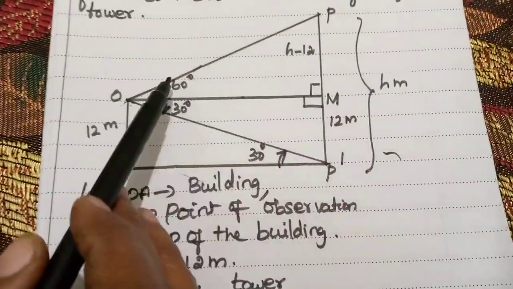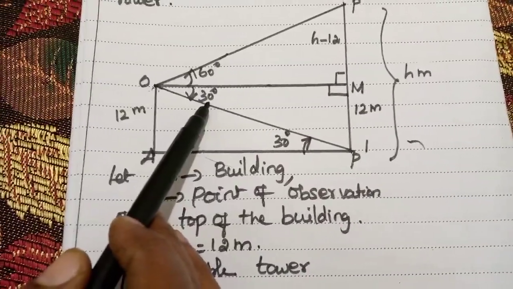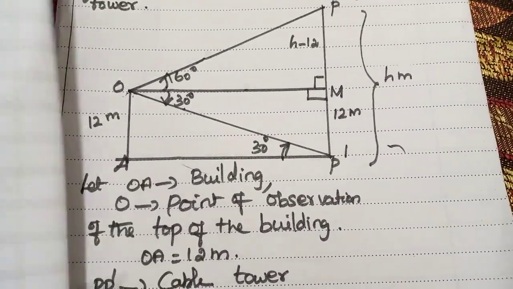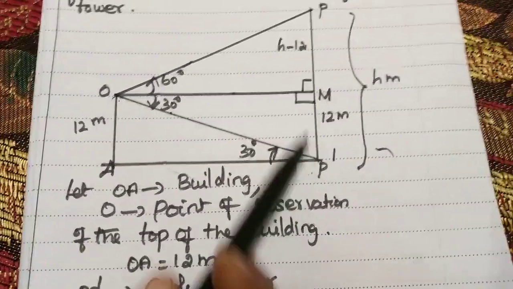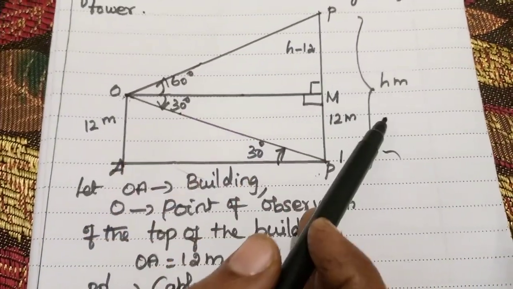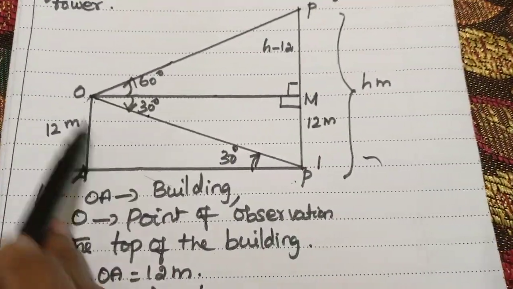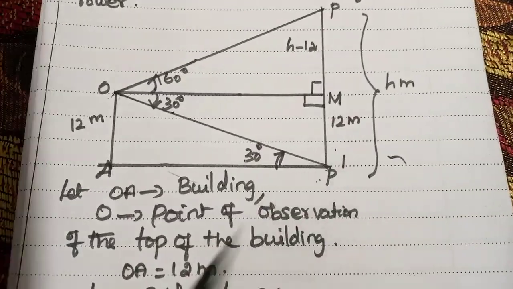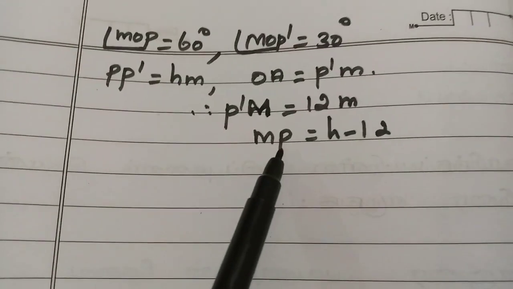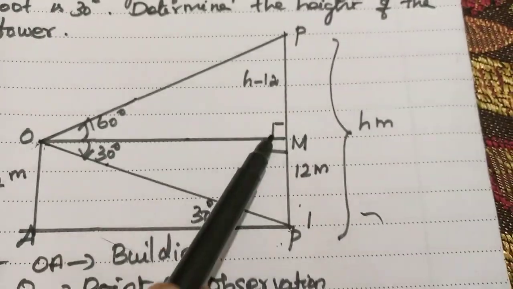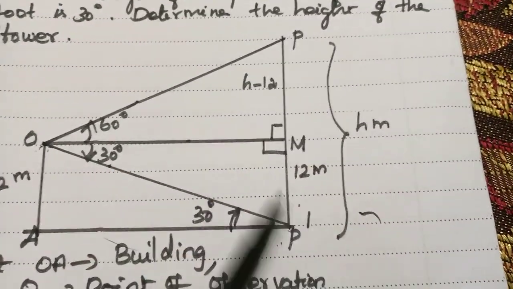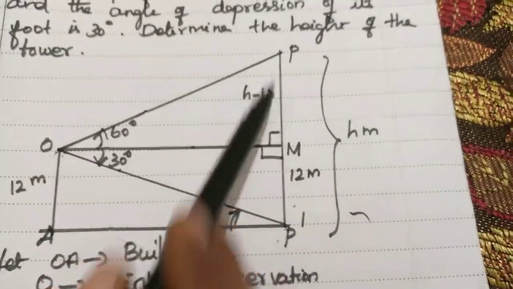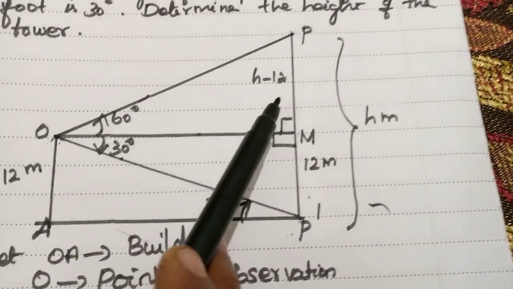See this diagram, this one is 60 degrees, this one is 30 degrees. Here P dash, we have taken the height as H meters, OA is equal to 12, so this P dash M also is 12, that we have written. So here MP is equal to H minus 12. See this diagram, the total is H, from here to here is 12, so this distance will be H minus 12.